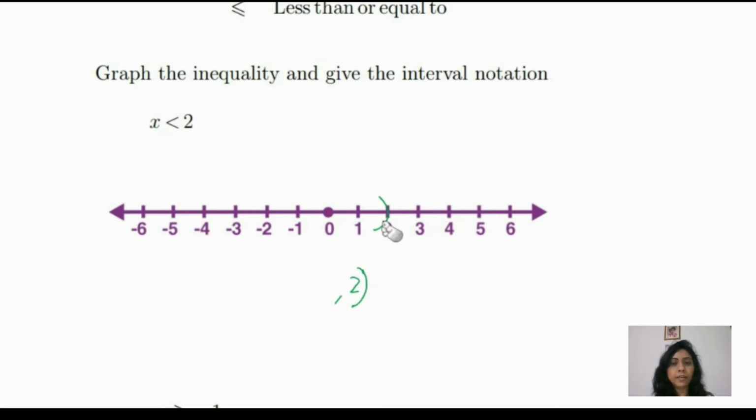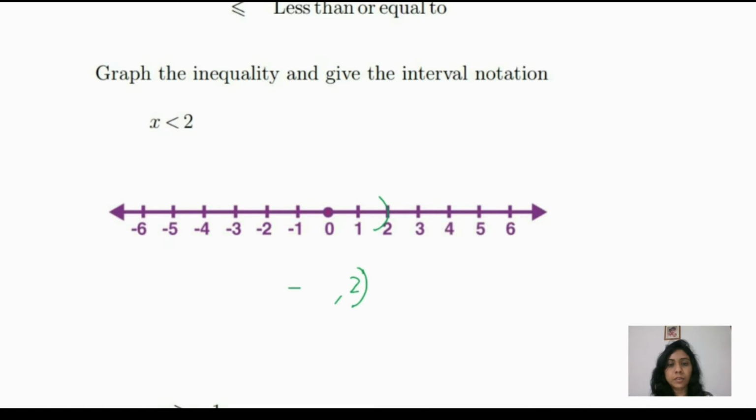And here all the negative numbers: 1, 0, -1, all these numbers less than 2. From 0, on the left-hand side, are all negative numbers.